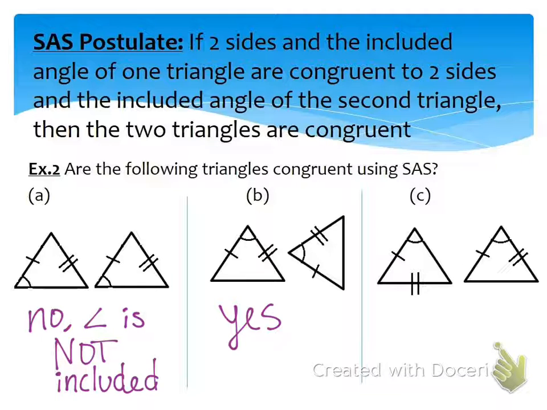What is it, Micah? Good. It's because of the first triangle. The angle is not included on the first triangle. It was on the second one, but it has to be included on both of them. So this one is no. Angle not included on first triangle.